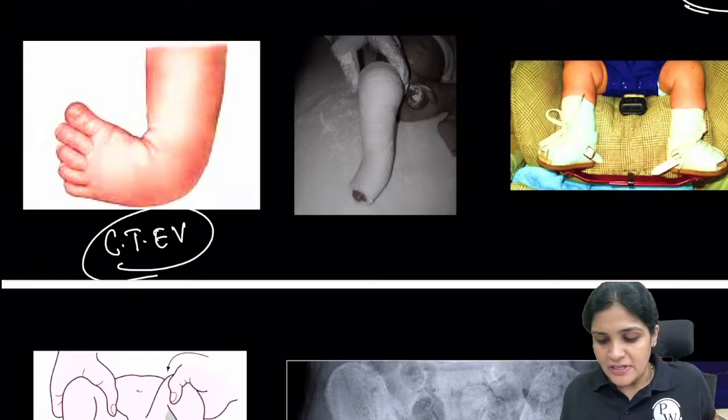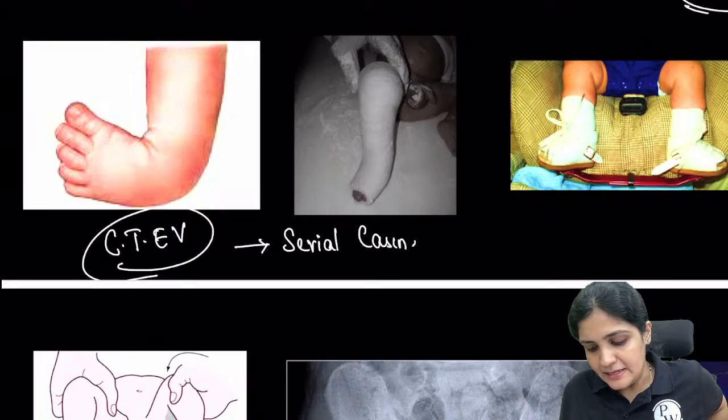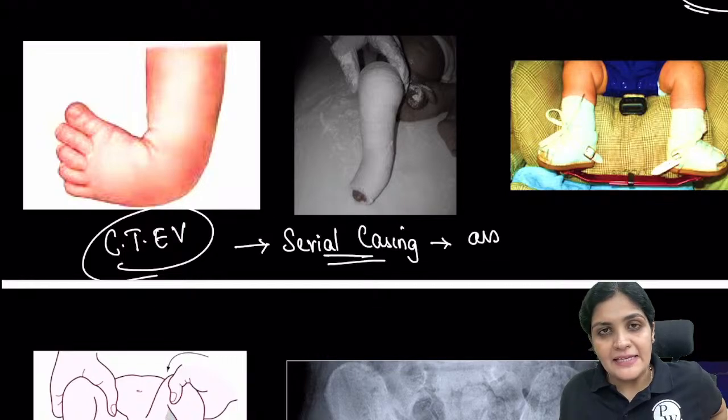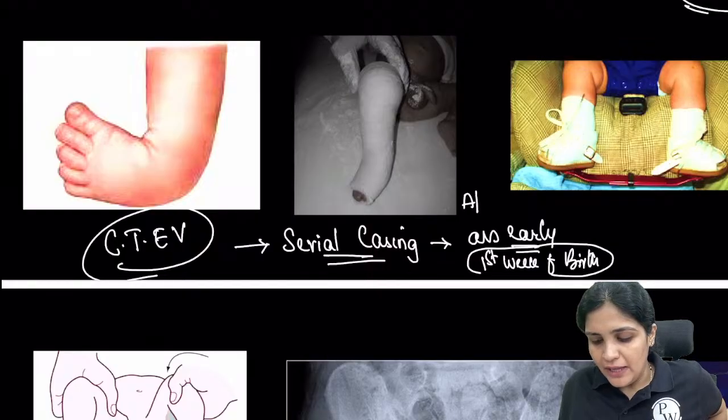Okay. And usually we treat it with serial casting, right? So when do you start casting? As early as possible. So usually in the first week of birth, right? So this is serial casting which we do. We do the above-knee casting, right?